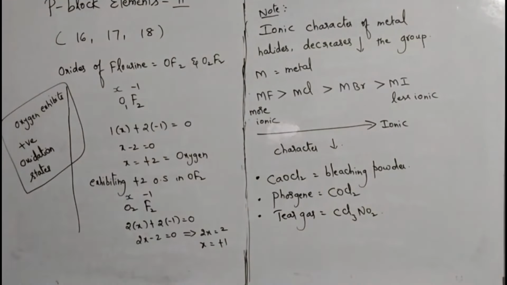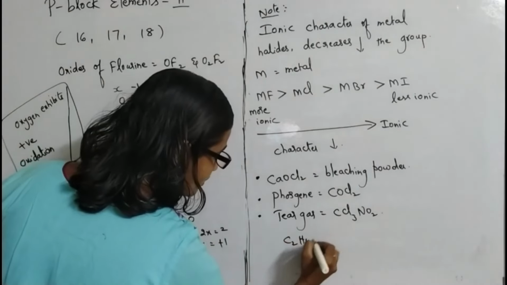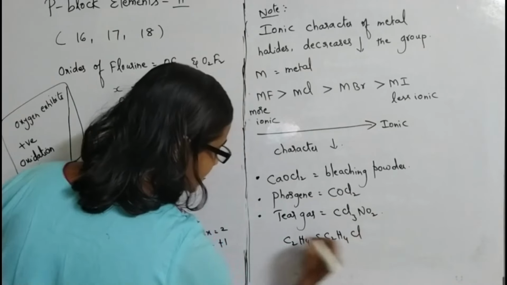Like that, certain disinfectant compounds can be made with the help of chlorine, so just go through all that. You have mustard gas also, (ClC2H4)2S, with C2H4Cl on both sides of sulfur.